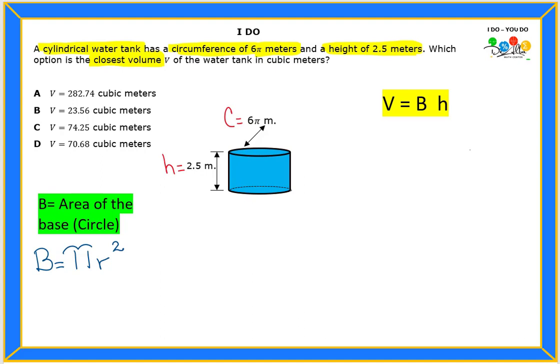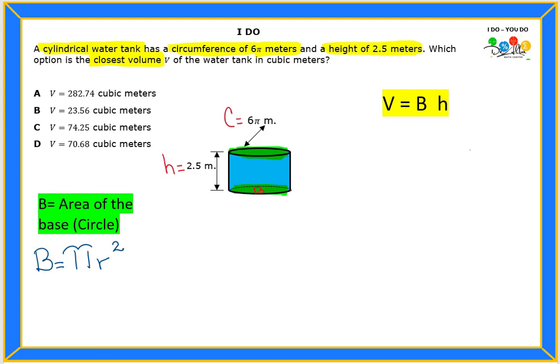What I want to do next is highlight the base, right? That's my circle, and that's my other circle. And of course, I am going to write down the capital B, because capital B is the area of that base, okay?